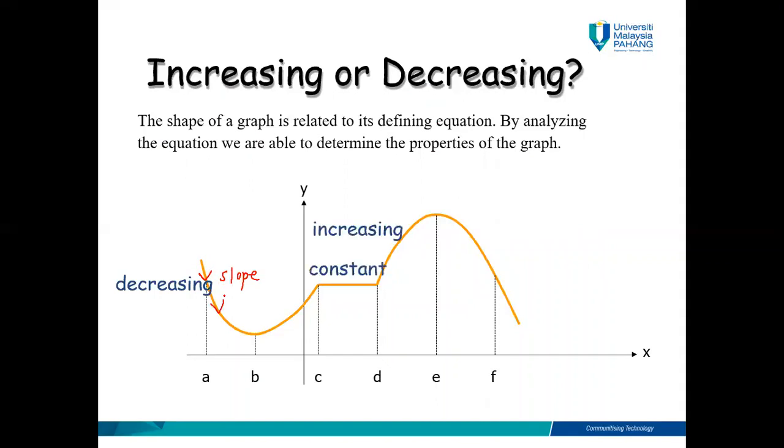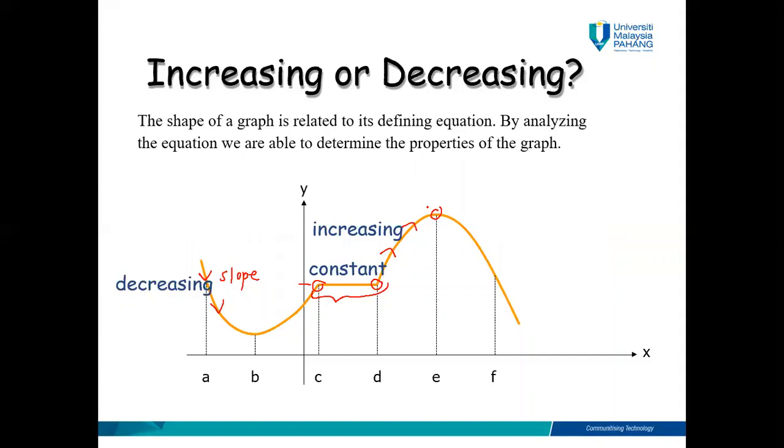How about this one, C and D? For C and D, there is a constant, meaning the value of C is the same as the value of D. How about from D to E? From D to E, the slope is increasing.